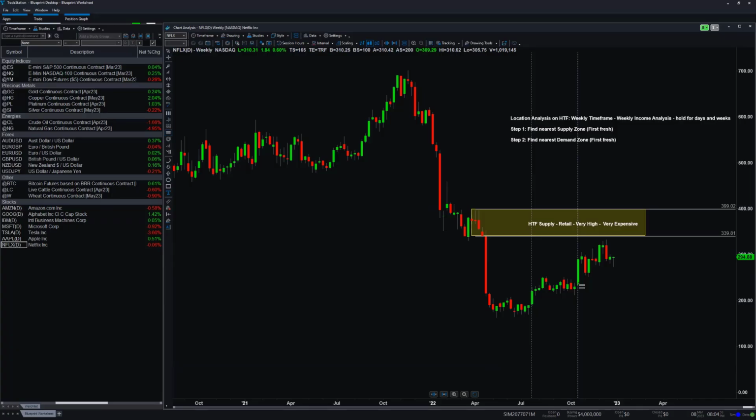My proximal goes to the highest body of the basing candles, and my distal goes to the lowest wick of the basing candles, including the leg out. In this case, we're going to be right here. And so I have now my demand zone.